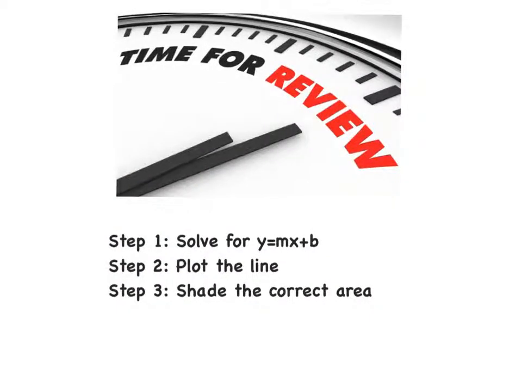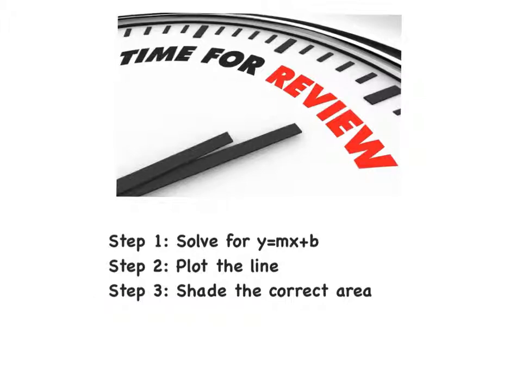Time for a quick little review. We have our 3 steps. First step, put the inequality in y equals mx plus b form. Step 2, you need to plot the line. Be careful with the dashed or the solid line. Step 3, you need to shade the correct area.